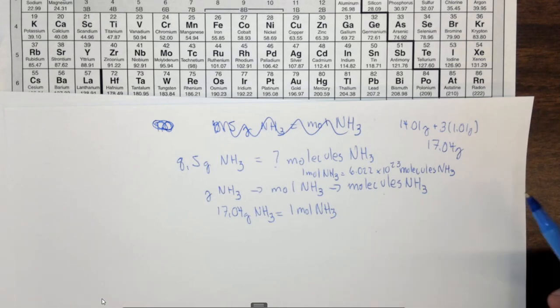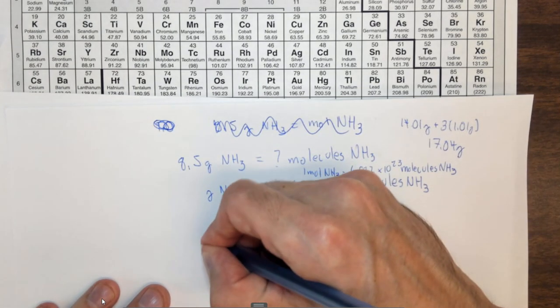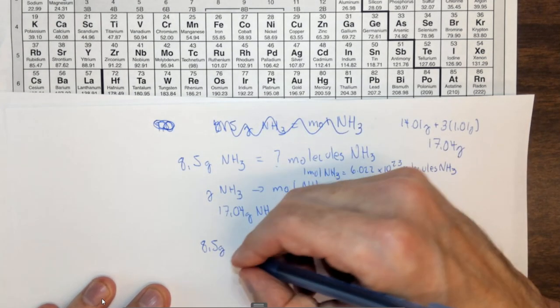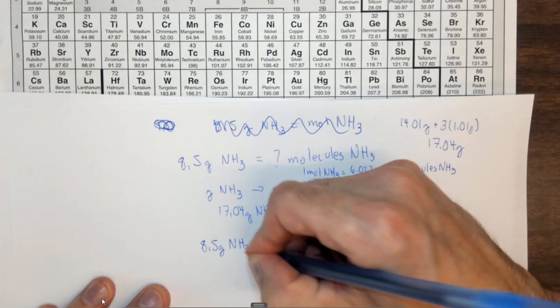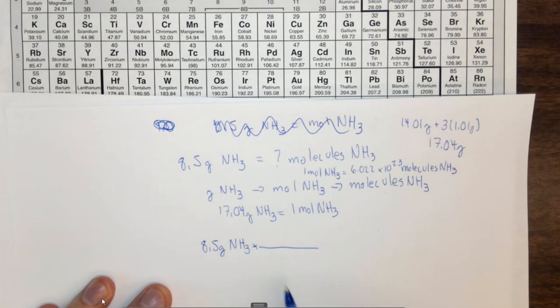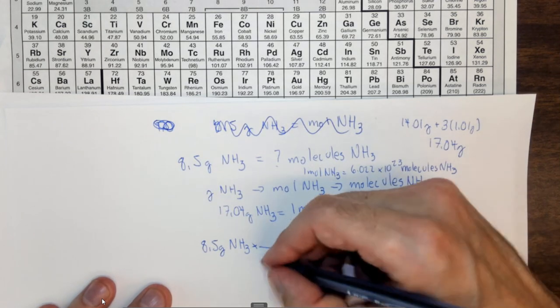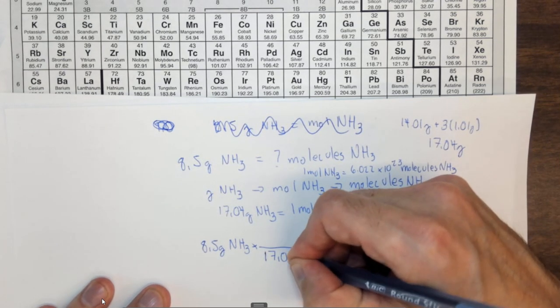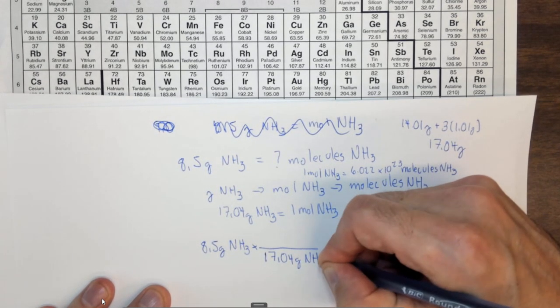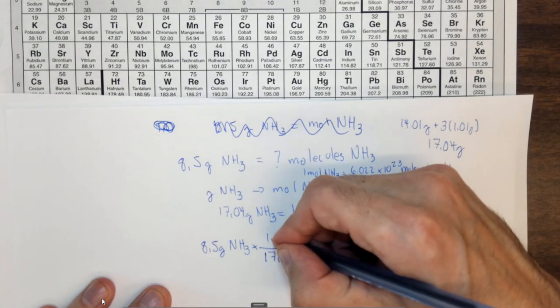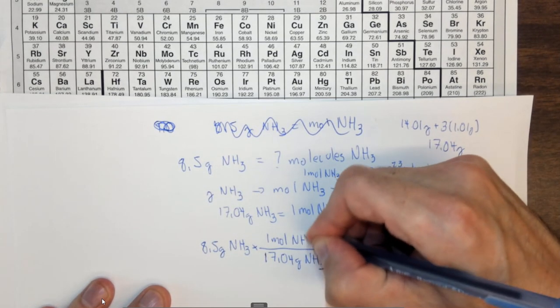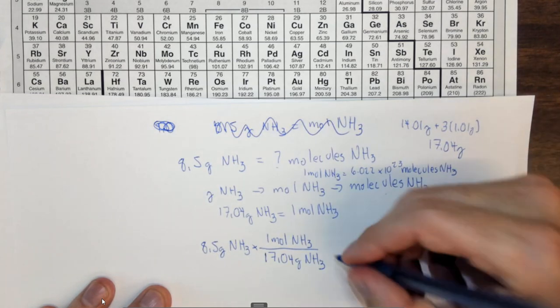Now we have our two equalities, starting with 8.5 grams of NH3 times. We want grams to cancel out, so we put the 17.04 grams of NH3 on the bottom, and we put the 1 mole of NH3 on the top. Times.